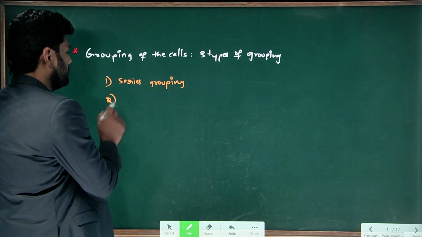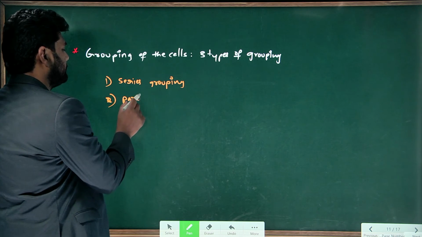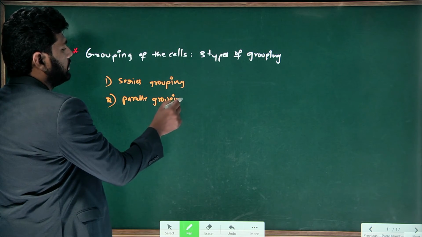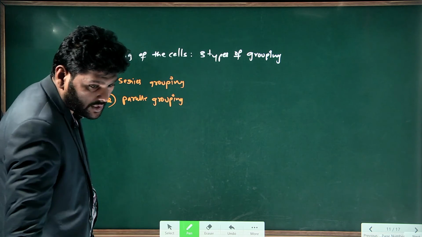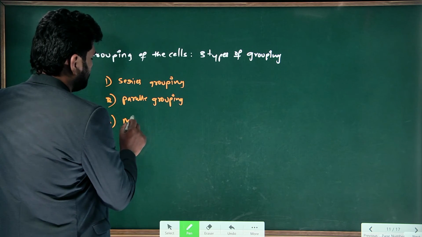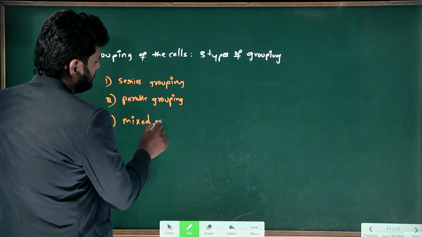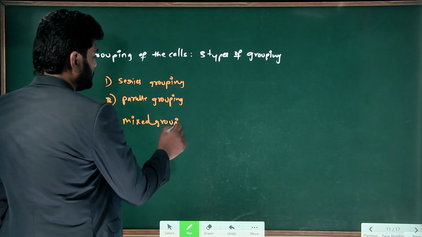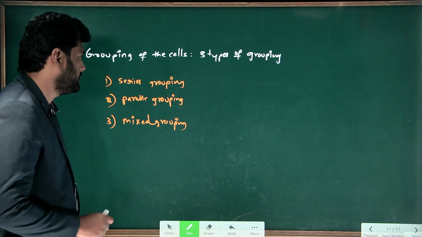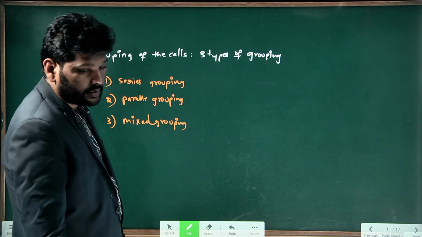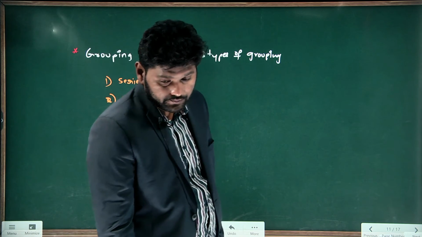The second one is parallel grouping, which means parallel connection of the cells. The next one is mixed grouping. Series grouping, parallel grouping, and mixed grouping: these are the three types of grouping we have.